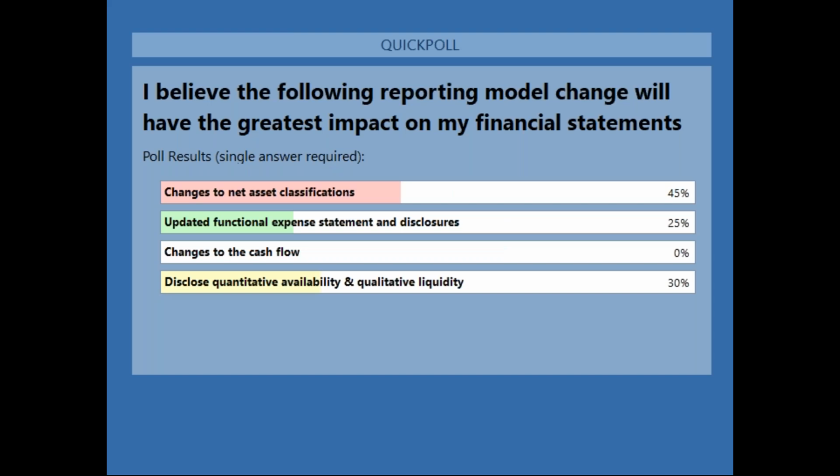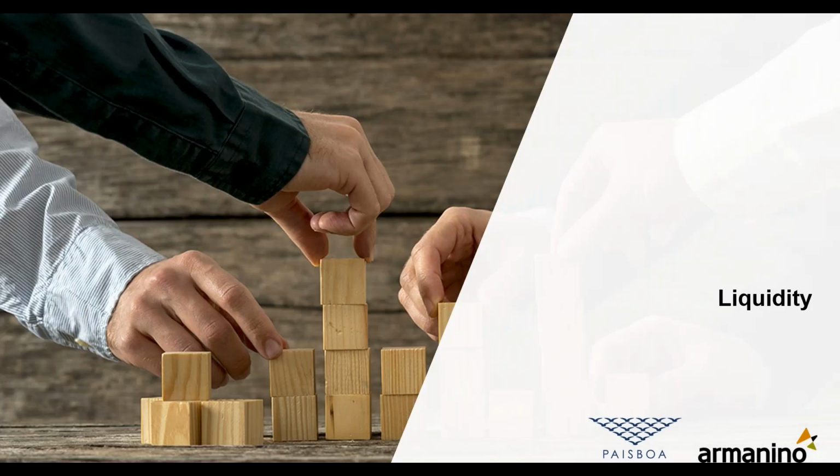Okay, so our poll is showing that the change to the net asset classification is the one that people feel will have the greatest impact, and the second is the liquidity disclosures. Angie, does that surprise you at all? No, not at all. We hear a lot about the liquidity disclosures, and a lot of people have a lot of angst about that.